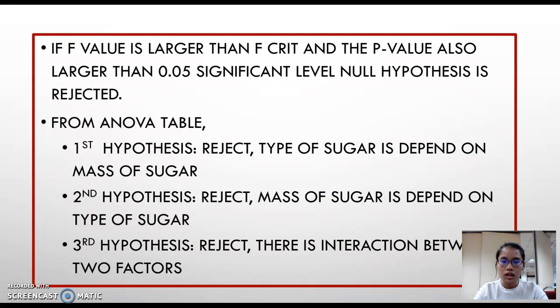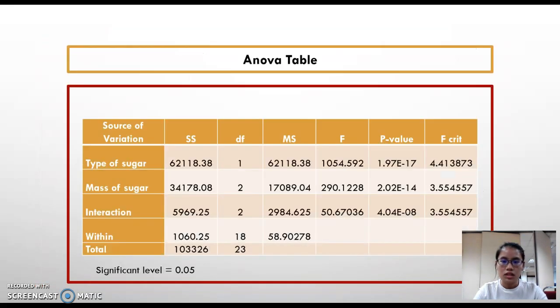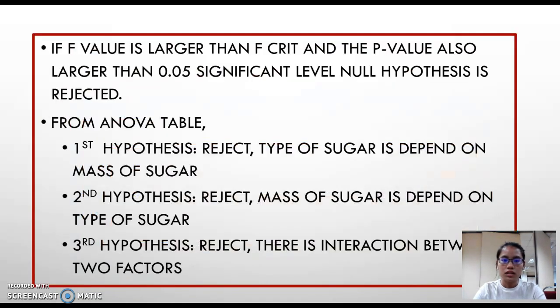So we reject the second hypothesis. Hence, mass of sugar depends on type of sugar. For the third hypothesis, we can also see from the table that the p-value is very small, smaller than 0.05. So we reject the third hypothesis, which means there is interaction between these two factors.